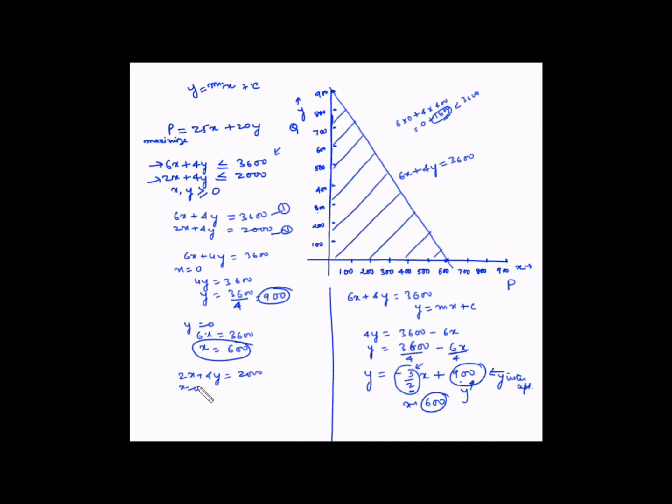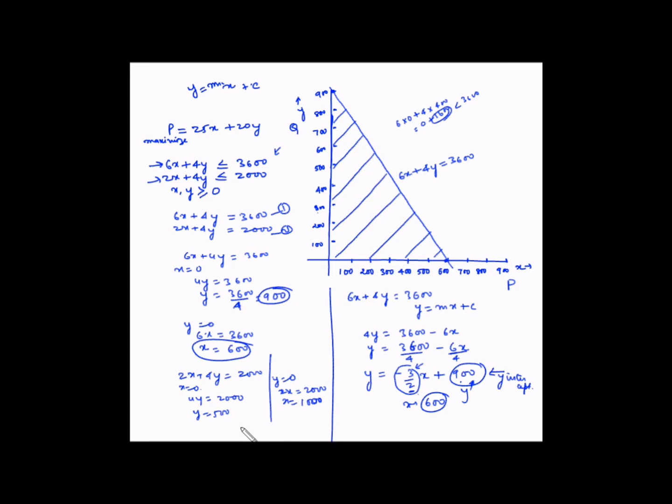Let's put x equal to 0. So we get 4y is equal to 2000, which means y is equal to 500. Similarly, if we put y equal to 0, we get 2x equal to 2000, or x is equal to 1000.